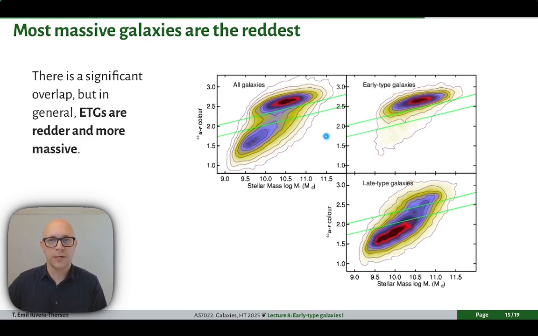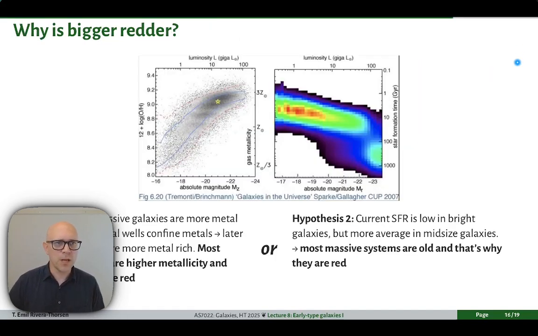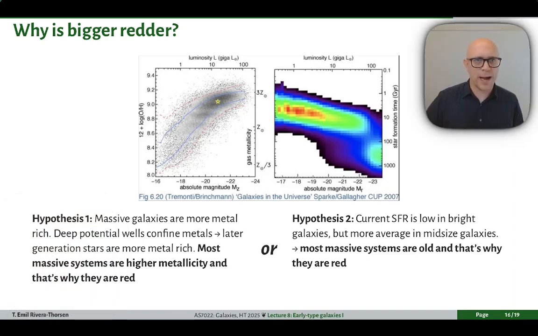You can see that there's definitely not a clear-cut separation between the two populations of galaxies. But also, on the other hand, as a very strong statistical rule, early type galaxies are redder for sure, and also perhaps less predominantly, but still definitely true, they are also more massive than the late type galaxies. And so we can ask ourselves why bigger galaxies are redder galaxies, right?